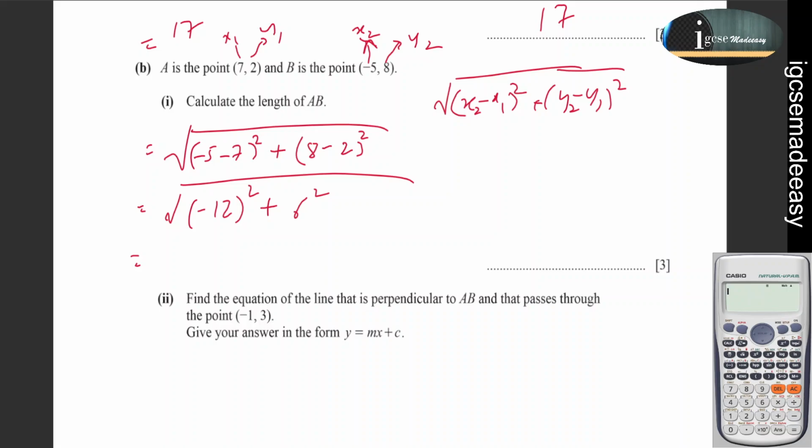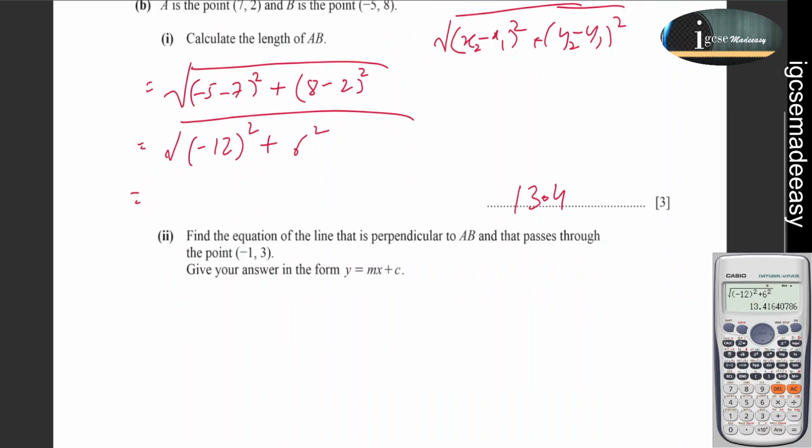Under root of minus 12 square plus 6 square gives you 13.41. We can write the length is 13.4 also.